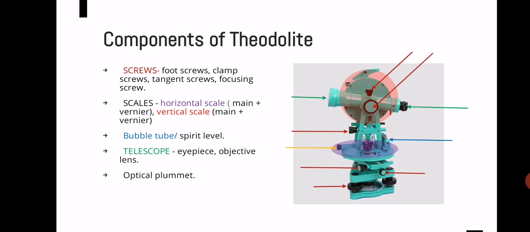At the bottom of the theodolite, we have foot screws used for the leveling of the theodolite. Generally, we have 3 foot screws or sometimes 4 foot screws in the theodolite, depending upon the model of the theodolite.